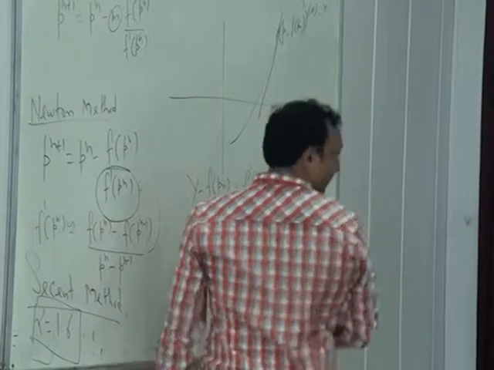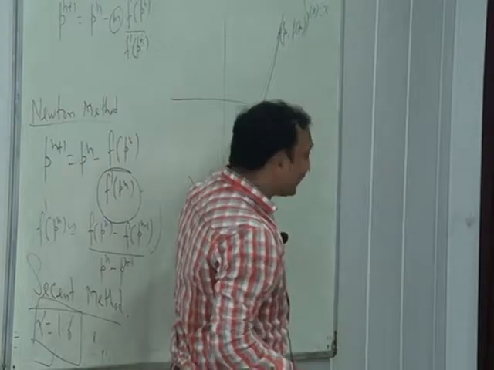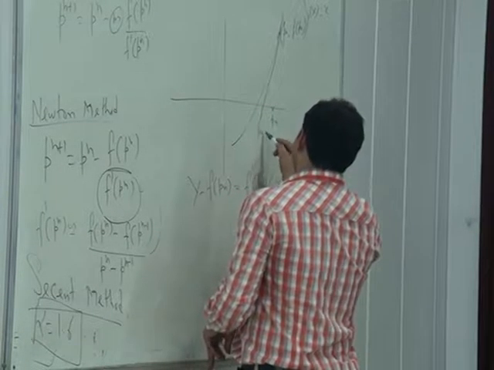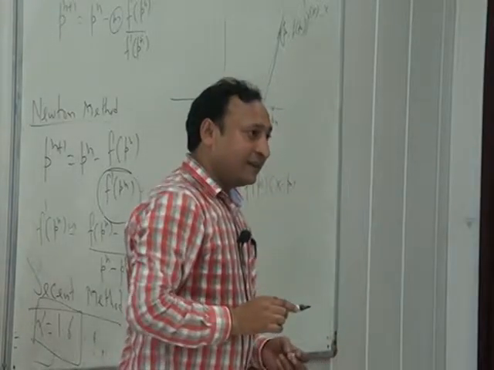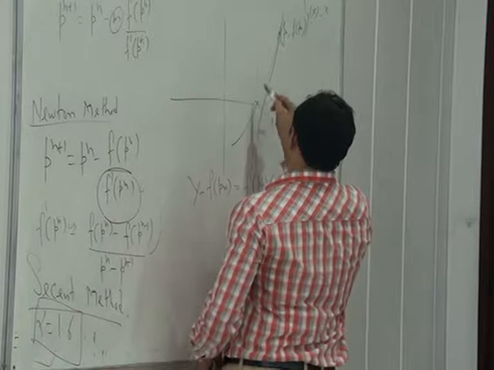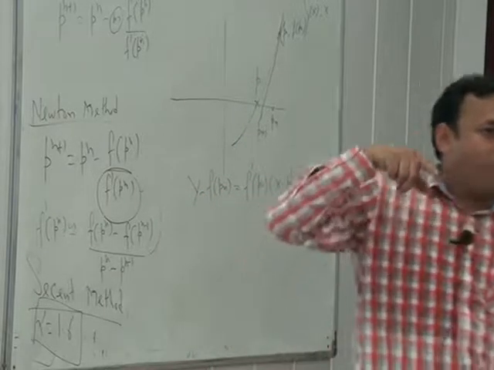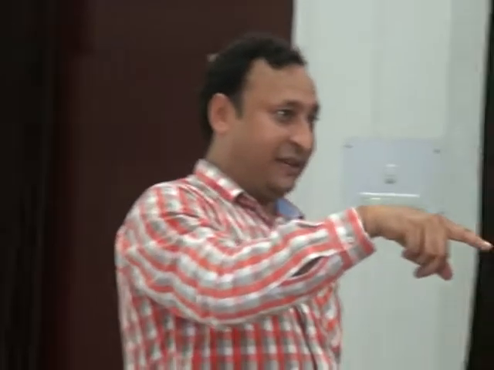This will intersect the axis somewhere, so let us call this point Pn plus 1. Wait a second. This is your exact root here, P, which you don't know. The idea is you are moving towards your P. You have Pn, Pn plus 1, Pn plus 2, etc. Is it clear?